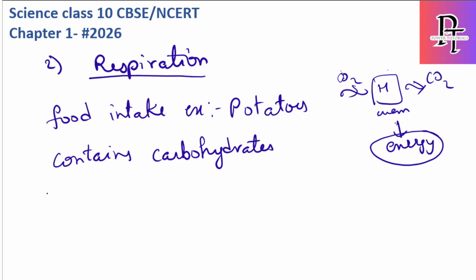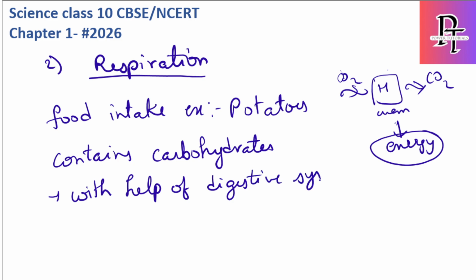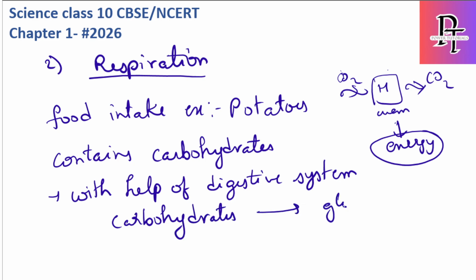These carbohydrates, with the help of the digestive system, will be broken down into glucose. We will cover the digestive system chapter in detail in that chapter, but now just understand this. So this glucose plus oxygen will convert into energy and carbon dioxide as well as water.